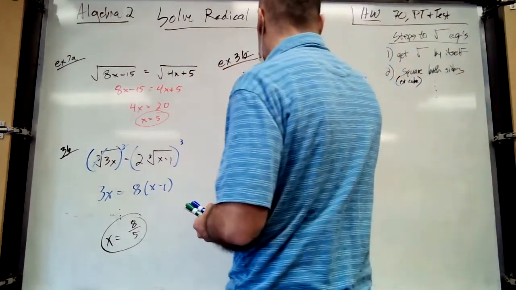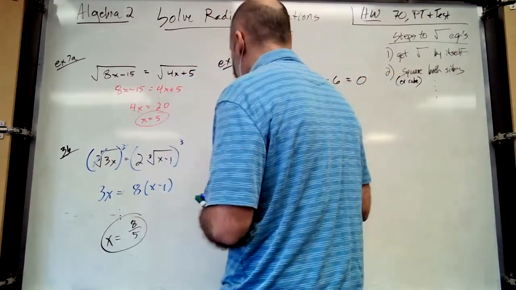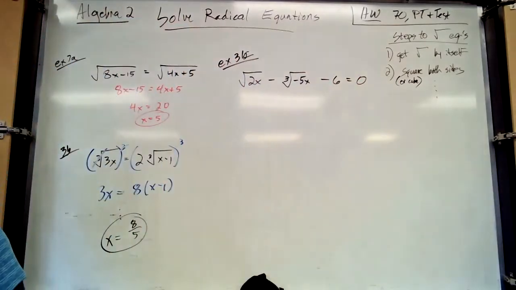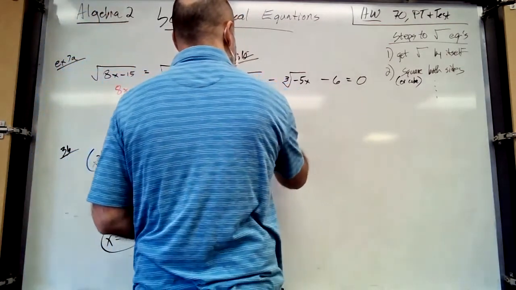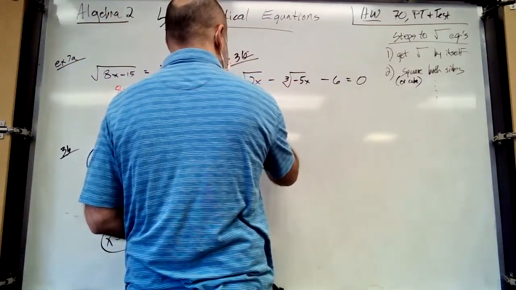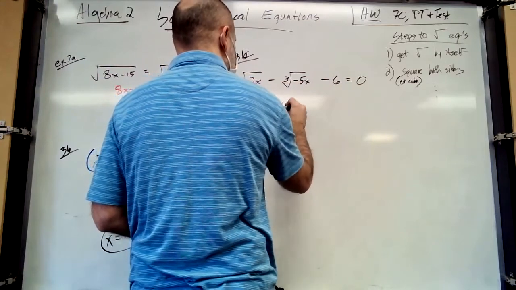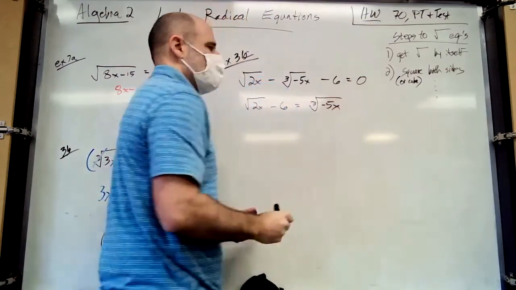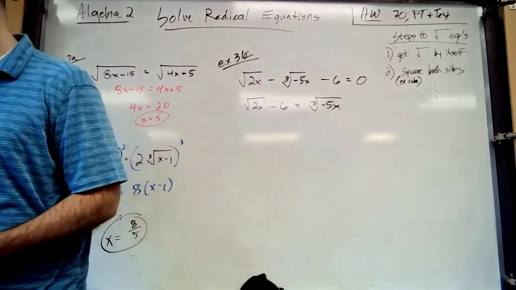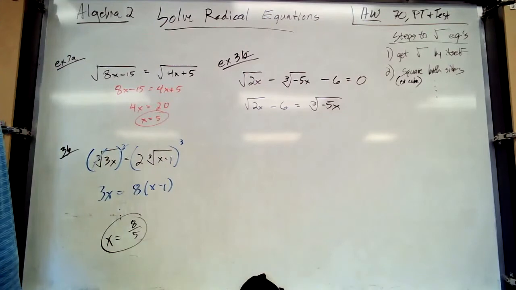Let's do that. But let's put radicals on both sides, okay? So if we do this, let's just put this over on the other side. So we get radical 2x minus 6 equals cubed root of negative 5x. See what I did? I just put that cubed root radical over there. Okay?